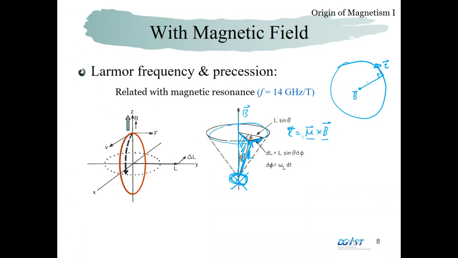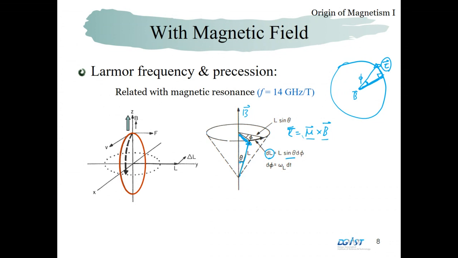These circles. And here, if the angle is phi again, the length of tau is the multiplication of this length with this L. So now the length of dL is this length multiplied by the sine theta, which generates this length.